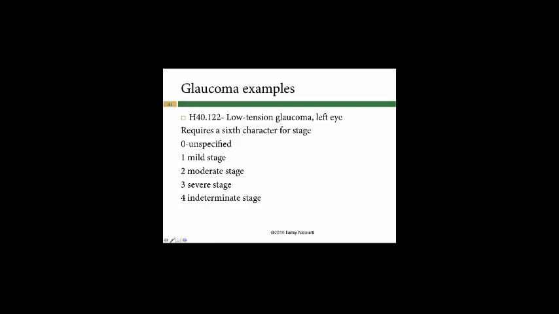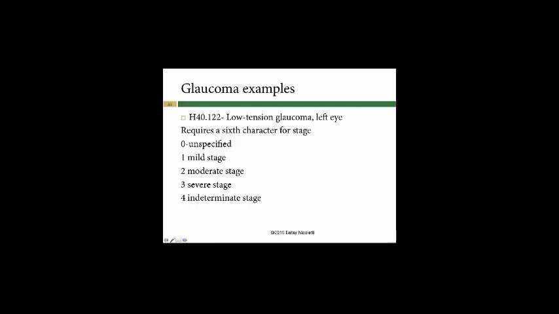And again, how do we know that? If I have my book open and I go to the subcategory code H40.1, there's a little pink box, and it says one of the following seventh characters is to be assigned to each code in the subcategories, to designate the stage of glaucoma.